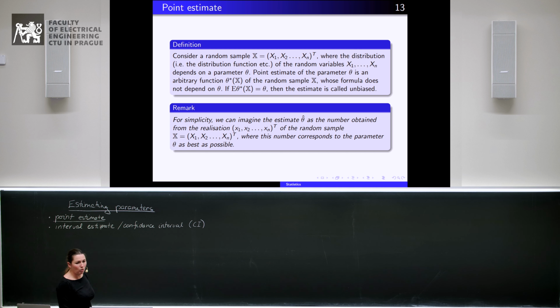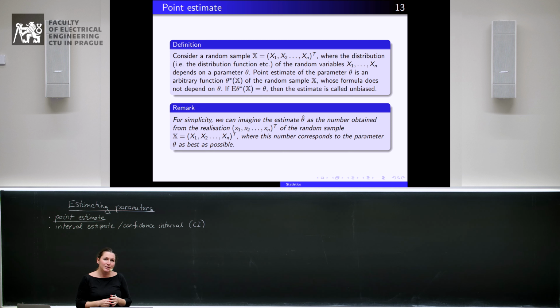The definition of the point estimate is maybe a little bit confusing for you because it is defined as, in fact, an arbitrary function of the random sample, which gives us a concrete number when we apply this function to the concrete data, to the concrete realization. And when we apply it to the random sample, so it means to the random vector, we obtain, in fact, a random variable.